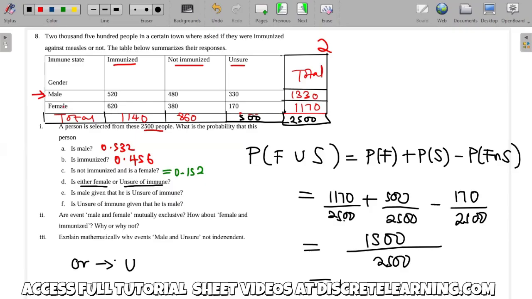So 1500 divided by 2500, I'm going to get my probability as 0.6. So this is the probability that the person selected is either female or unsure. I'm going to write there 0.6. Okay, so now let's do some conditional probability.